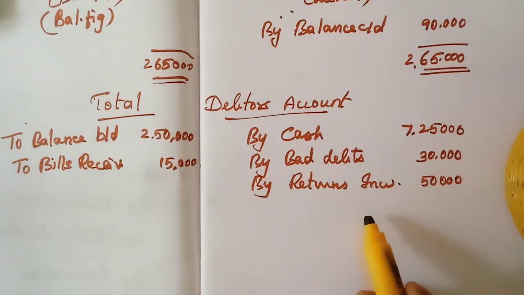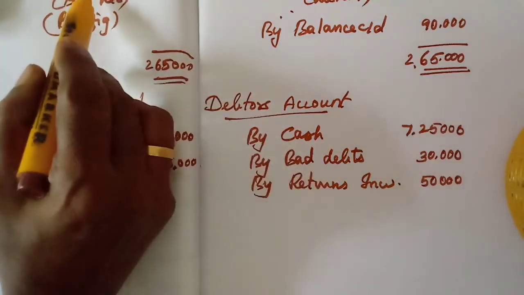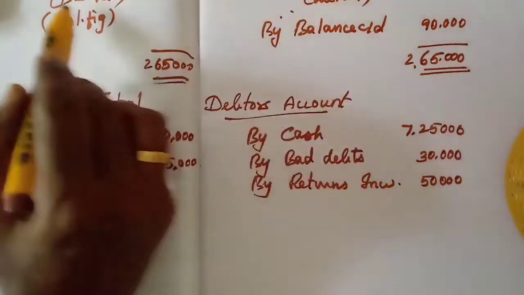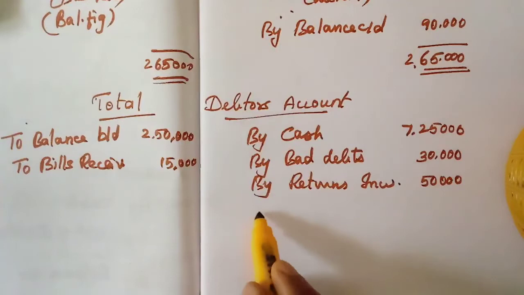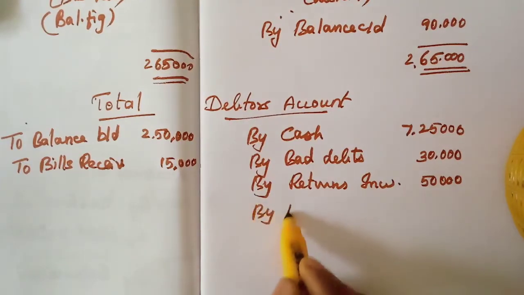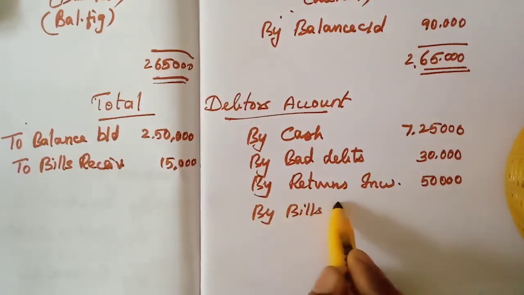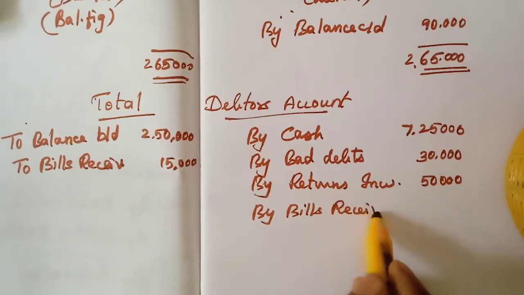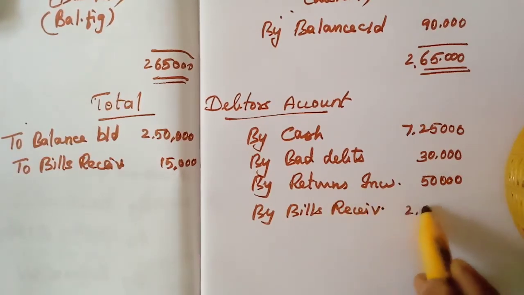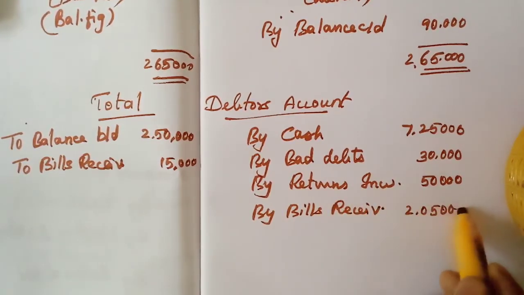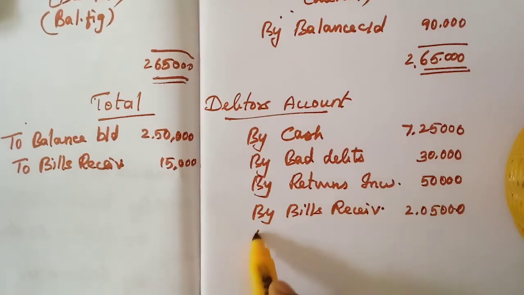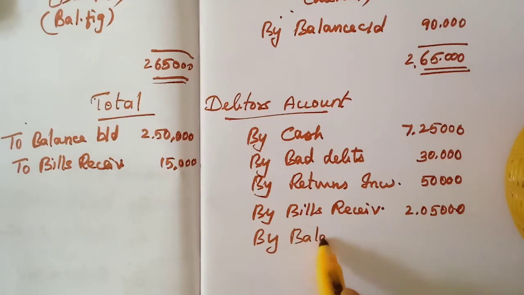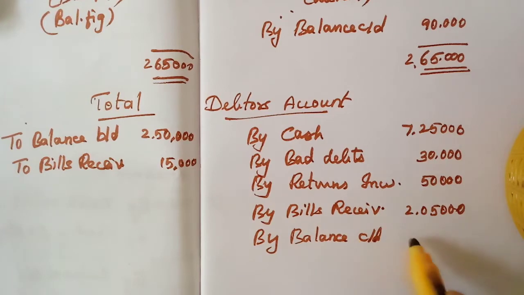Then we are going to write the closing. Before that we will write this one. This one we have written. Here by bills receivable 2,05,000. Now closing by balance carry down, debtors 2,40,000.